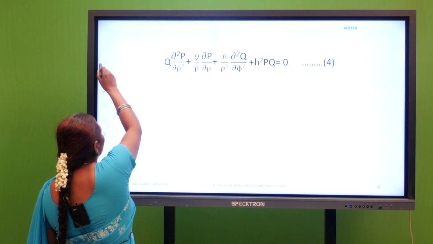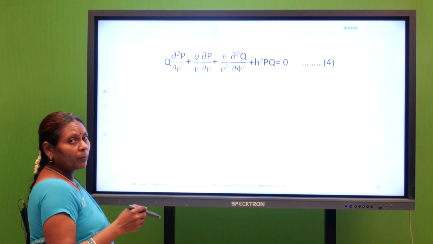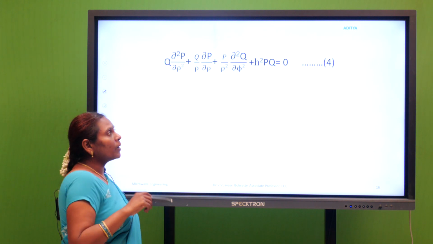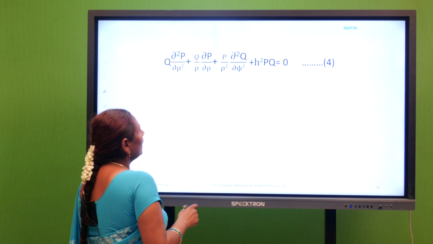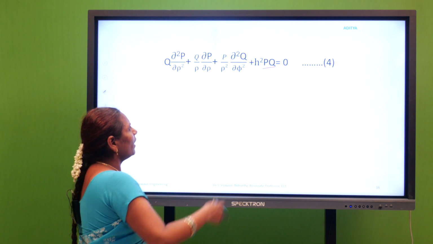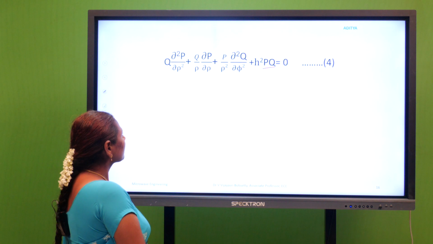We are going to get this form, that is Q dou square P by dou rho square plus Q by rho dou P by dou rho plus P by rho square dou square Q by dou phi square plus H square PQ is equal to 0. Here we have PQ, so let us divide this entire equation with PQ.